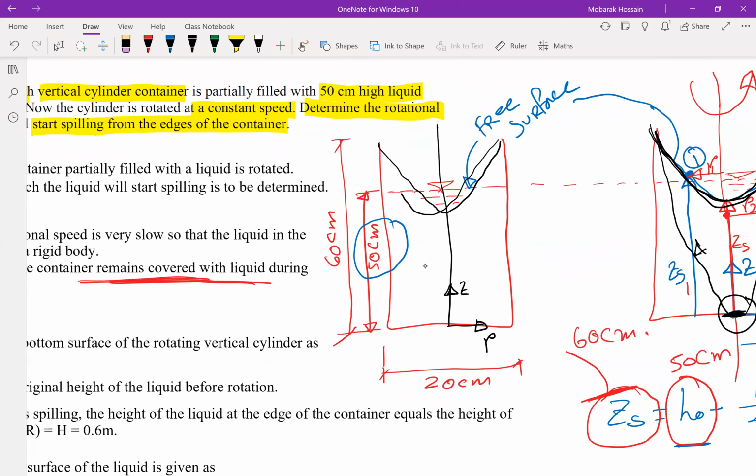See. So the black one is your free surface for the rotational case, and the red one is the free surface without the rotation.